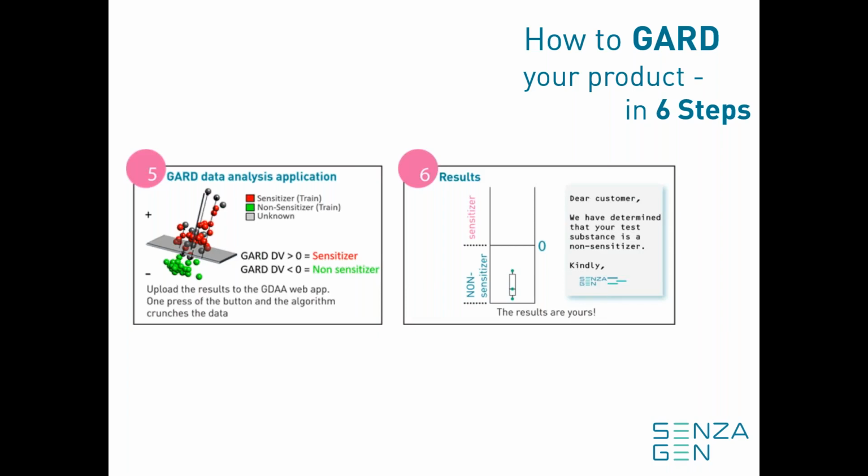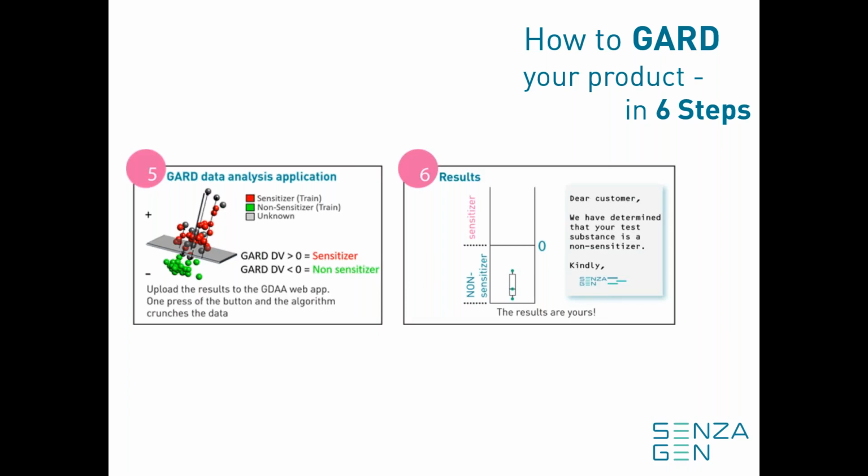The support vector machine compares the gene expression profile induced by the unknown testing compound to the gene expression profile of reference samples that we have in our database. Based on whether the expression profile is most similar to a sensitizer or a non-sensitizer, the sample will be classified accordingly. So the interpretation of the results is very simple. A positive value is classified as a sensitizer, and a negative value is classified by the algorithm as a non-sensitizer.